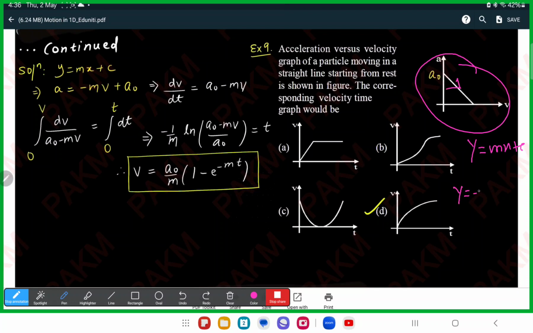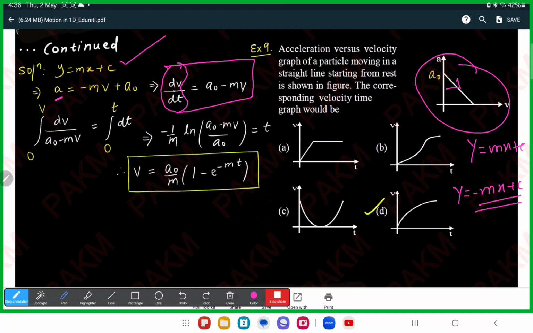That's why it will be y is equal to minus mx plus c. So this is what is written: y is equal to mx plus c, m is minus, and c is a naught. So a we can write as dv over dt because this is what we are looking for. So we get a is dv by dt. This is the relation that we got.